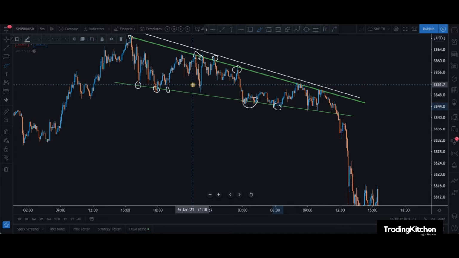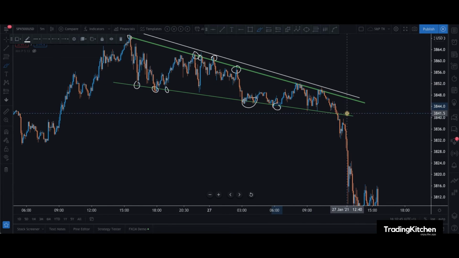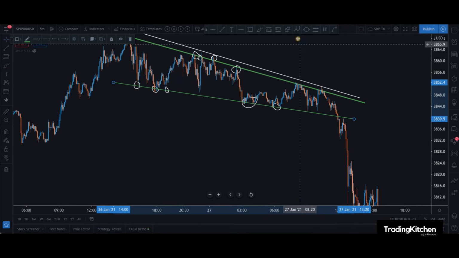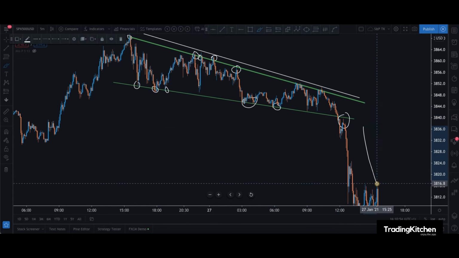We just need to manage our entry price with the stop loss, with money management, etc. But in this case, if this one will be the channel, we can consider entering here for short. This is only just an example.